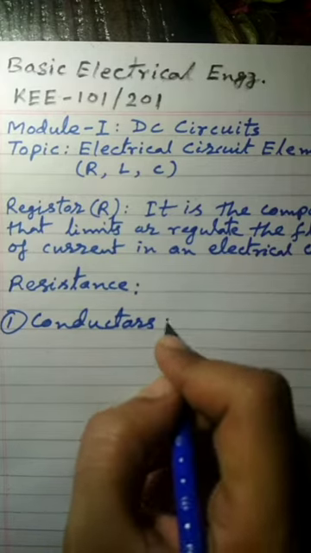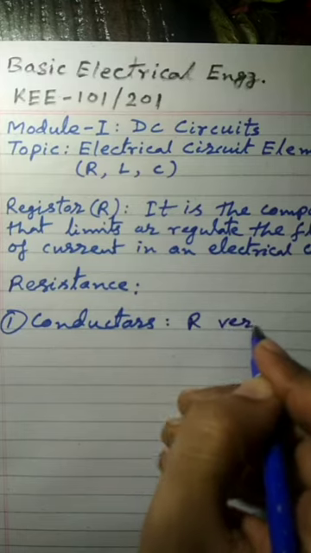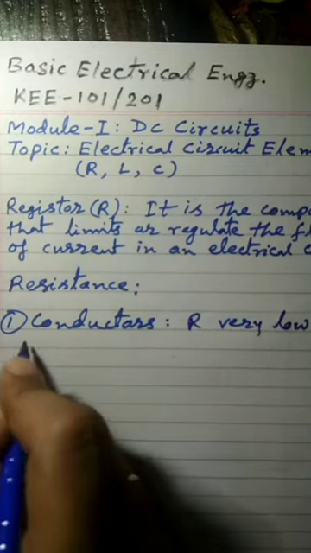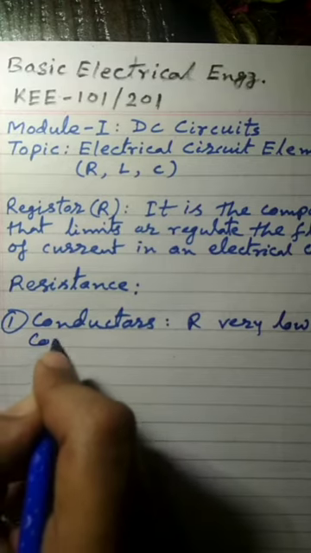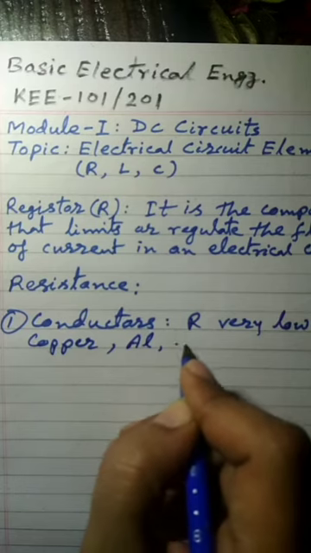So in case of conductors, the value of the resistance is very low. Examples are copper, aluminium, etc.